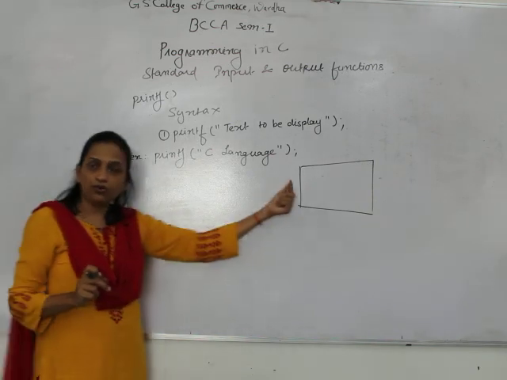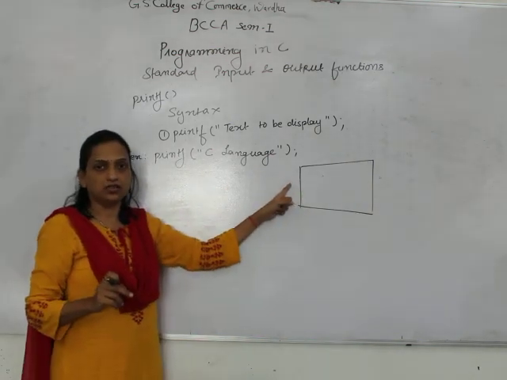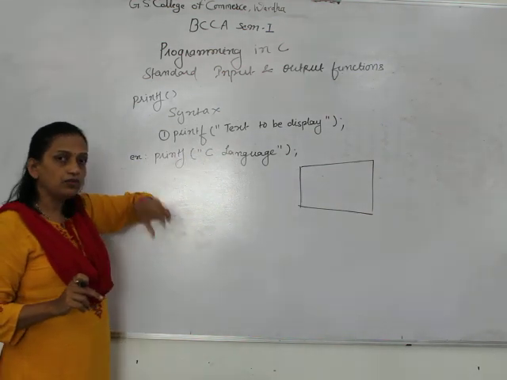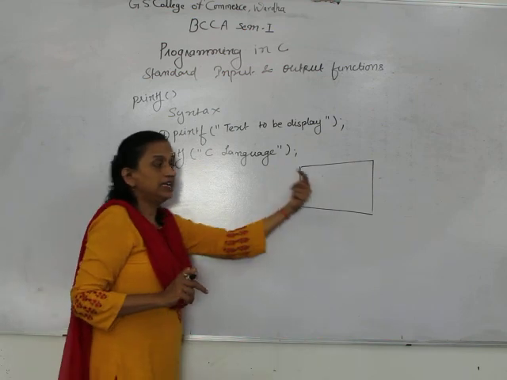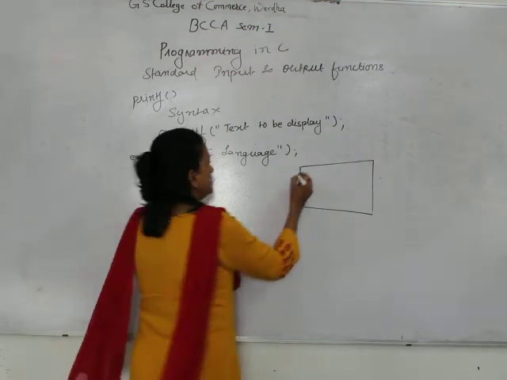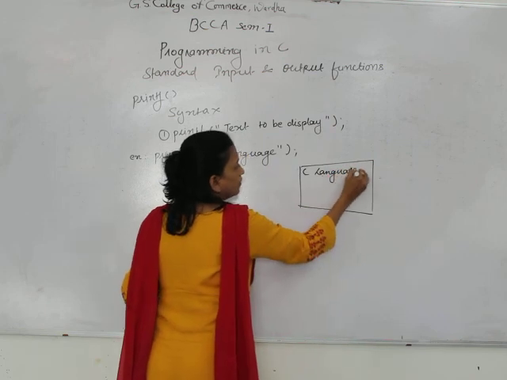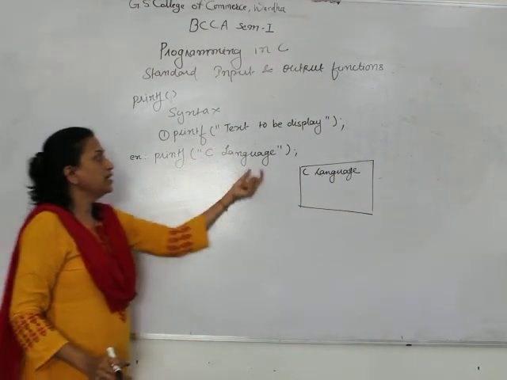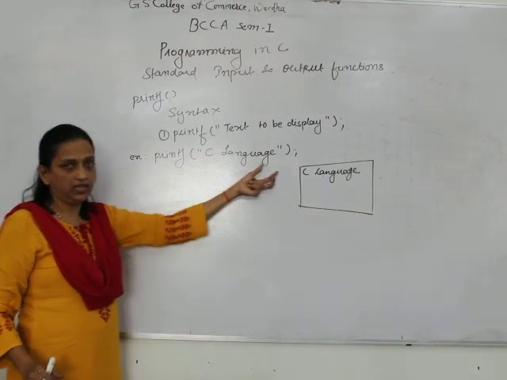Whatever you want to display on the screen should be enclosed within double quotation marks, and the compiler will display it on the screen as it is. The output will be: C language.